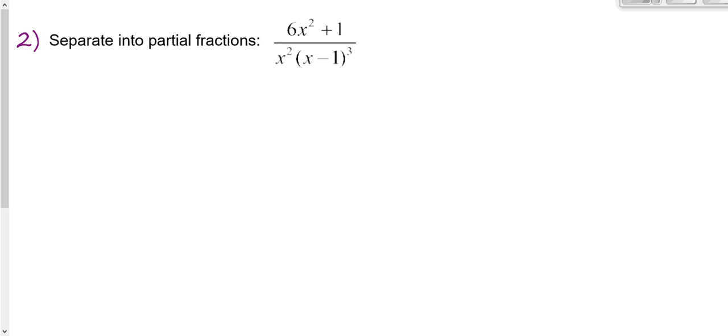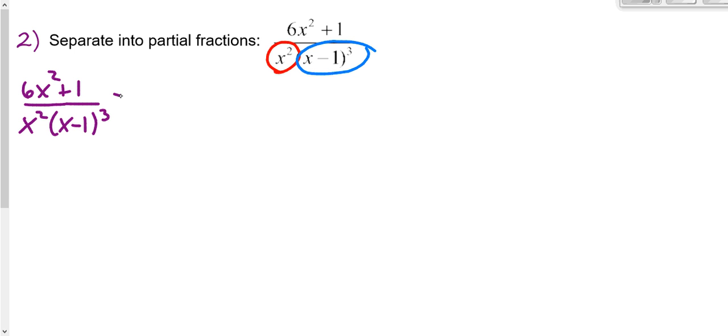Okay, now we're going to separate this. Notice that we have 2 factors of x and, bonus, 3 factors of x minus 1. Okay, so we have a lot of fractions to separate this into. 6x squared plus 1 over x squared times x minus 1 cubed is going to be equal to a fraction with a denominator of x plus a fraction with a denominator of x squared, because remember, we have to have all the multiplicities of that, all the powers of that factor leading up to the highest power we see in the denominator.